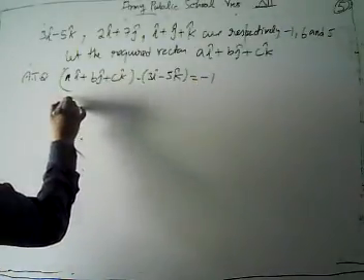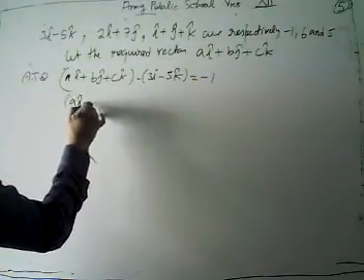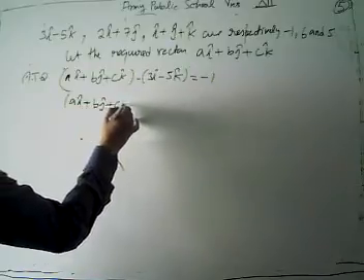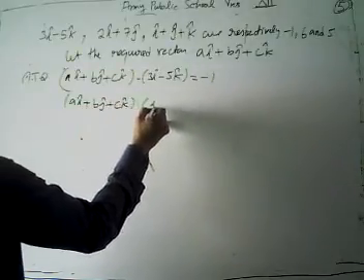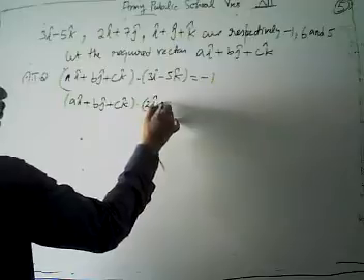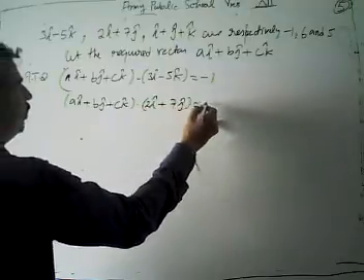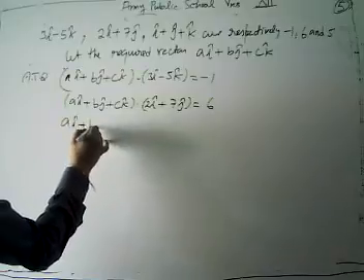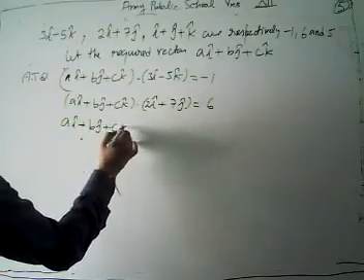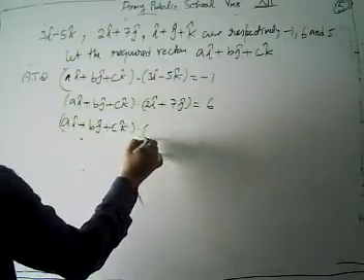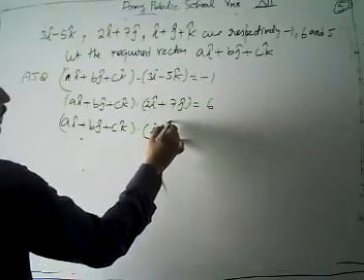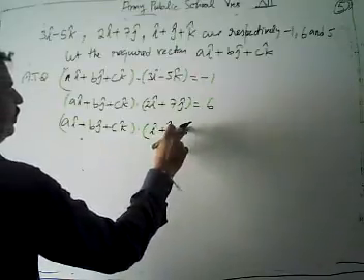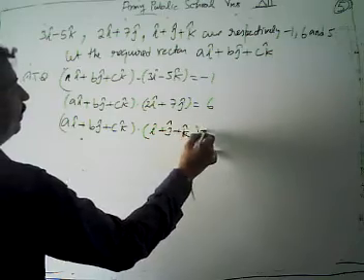Also, ai cap plus bj cap plus ck cap dot 2i cap plus 7j cap is equal to 6. Also, ai cap plus bj cap plus ck cap dot i cap plus j cap plus k cap is 5.